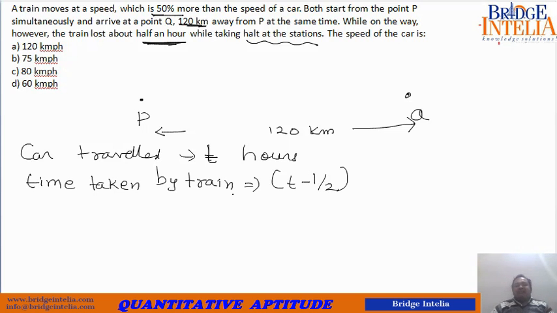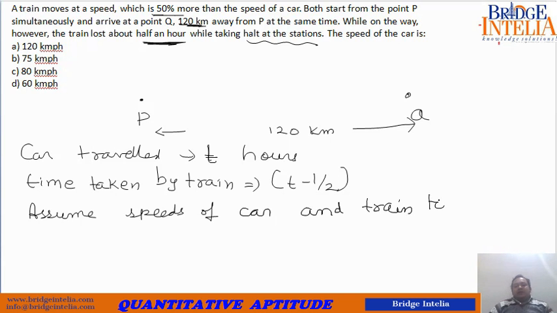So T minus half. This is the time taken by train. The train is moving at a speed which is 50% more. So you can assume speeds of car and train to be equal to u and 1.5 u, because speed of the train is 50% more.